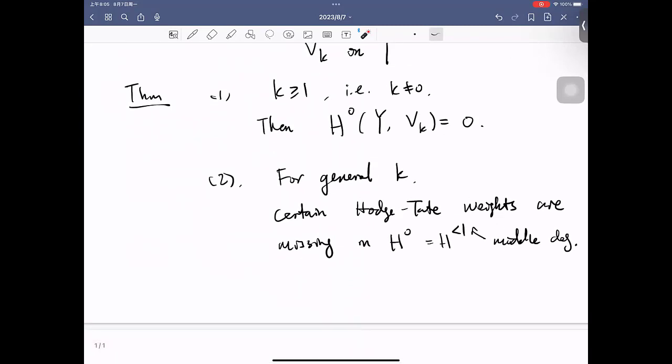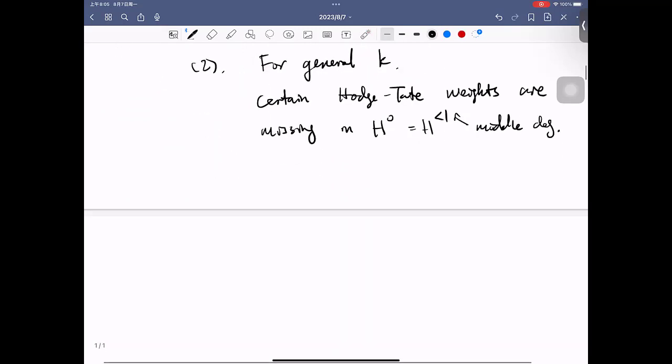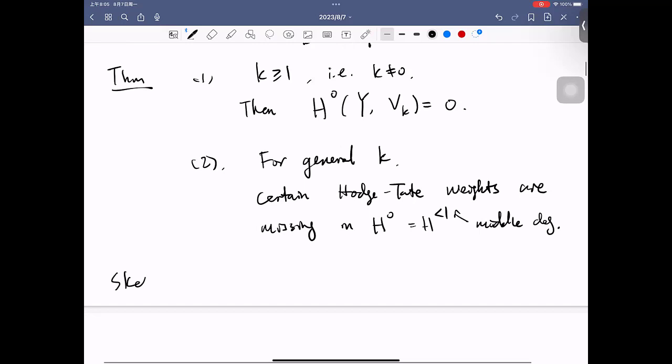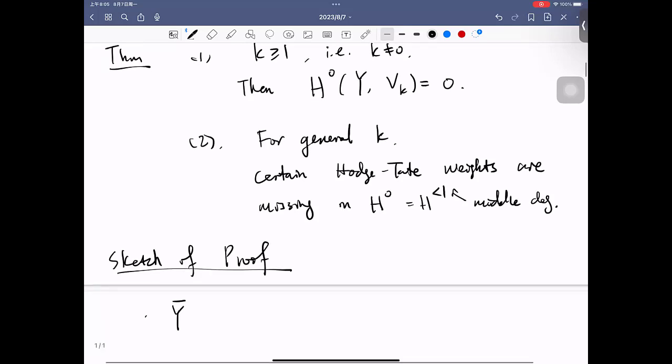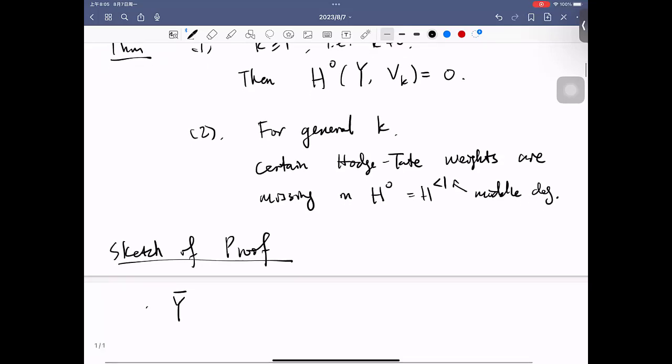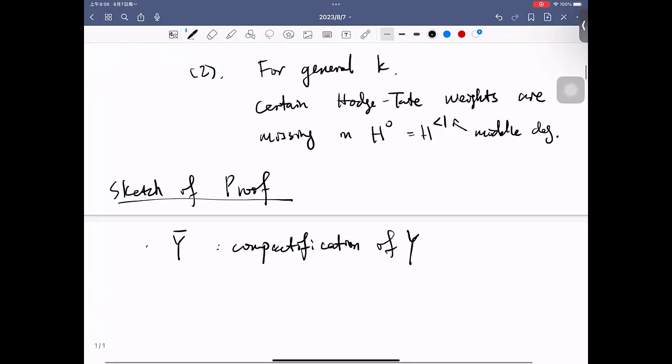Okay. So how to actually prove this? I shall prove. So we will let Y bar be the compactification of Y, and on Y bar there's a usual automorphic line bundle, omega.